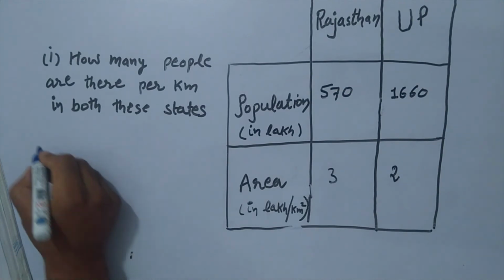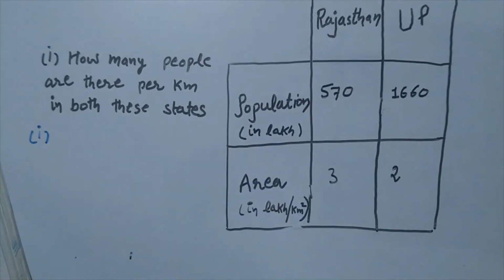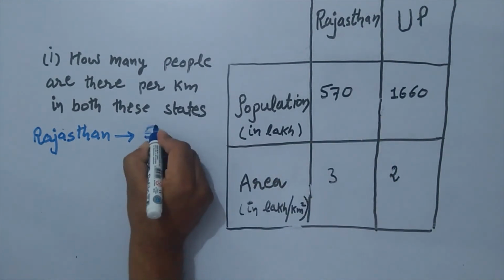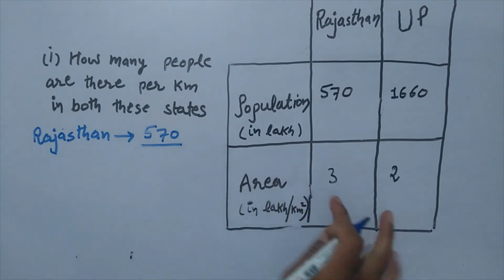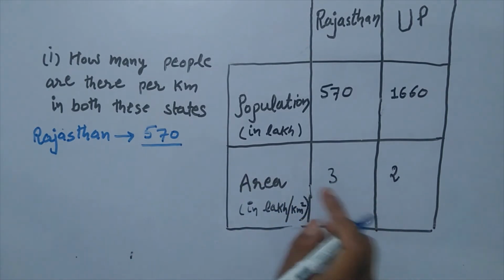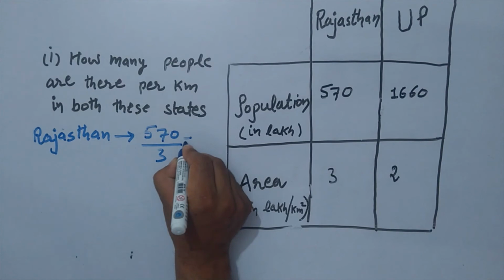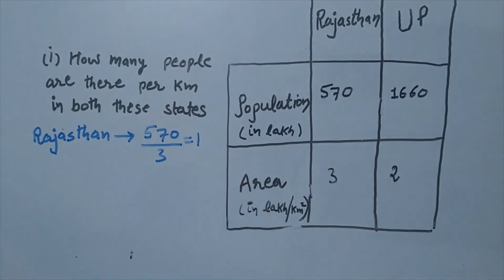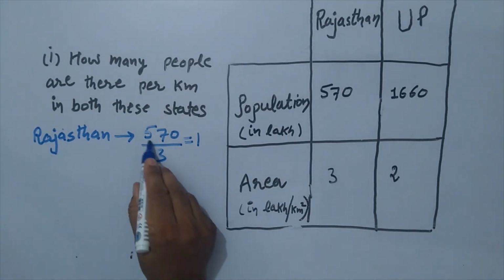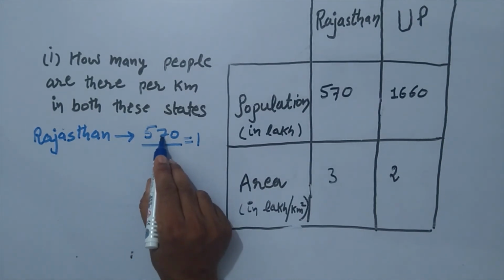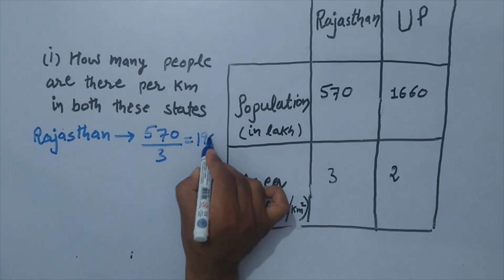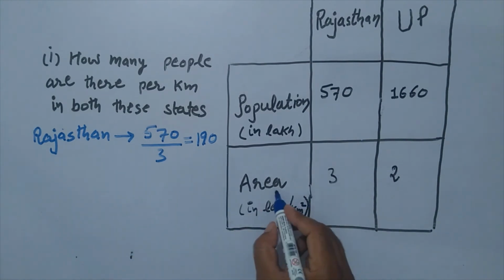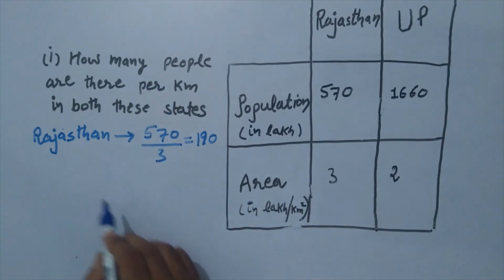First of all, we discuss Rajasthan. We divide the total population by the area. So the answer is 3 ones are 3, 2 is left, 27, 3 nines are 27, 0, so 190 lakh people per kilometer.